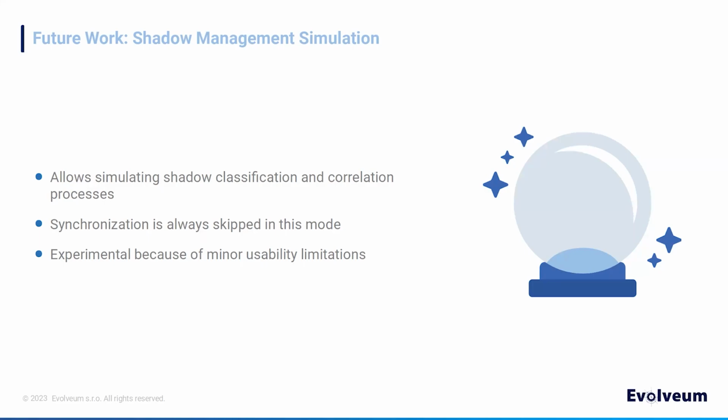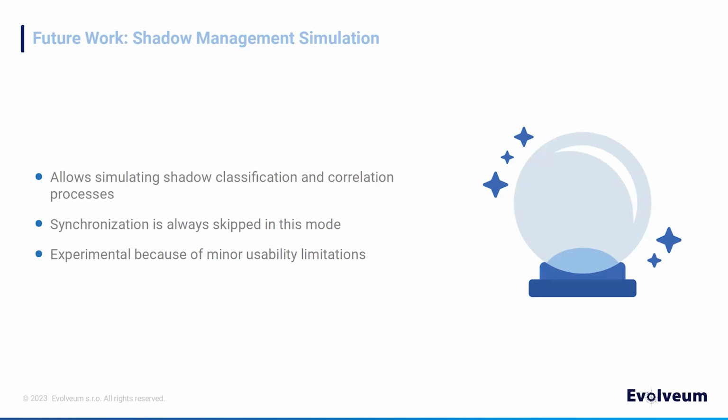However, there is this experimental feature that allows for the simulation of shadow classification and correlation processes. Here, the changes in those attributes, kind, intent, and synchronization situations are not written to the shadows. Instead, they are recorded in the simulation result and can be displayed and/or analyzed later, just like any other changes.